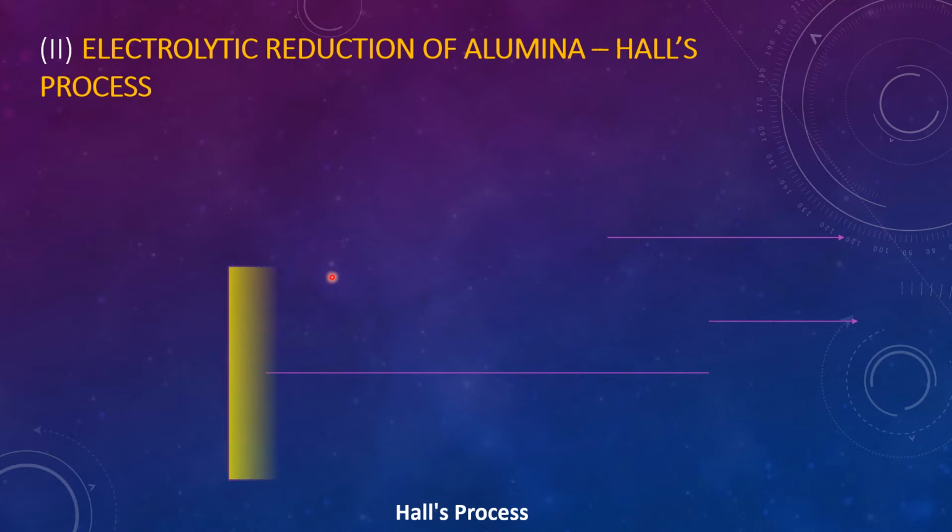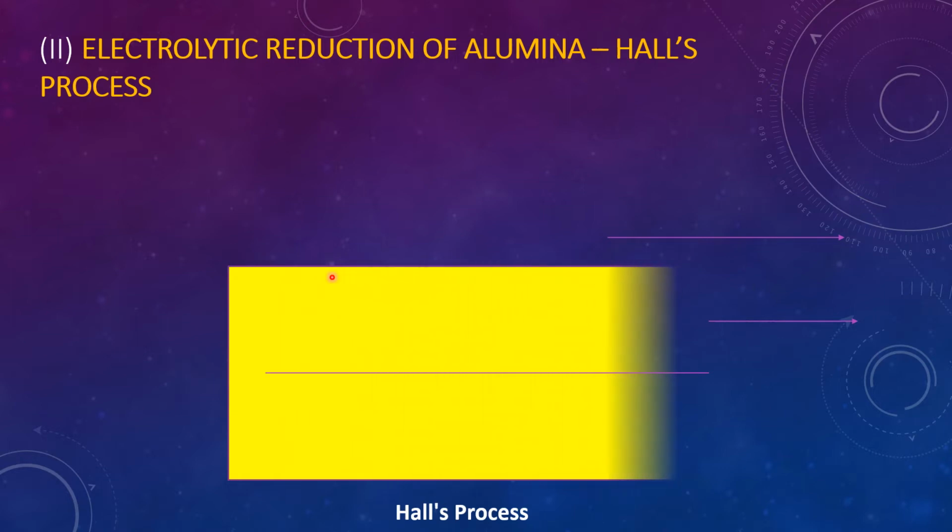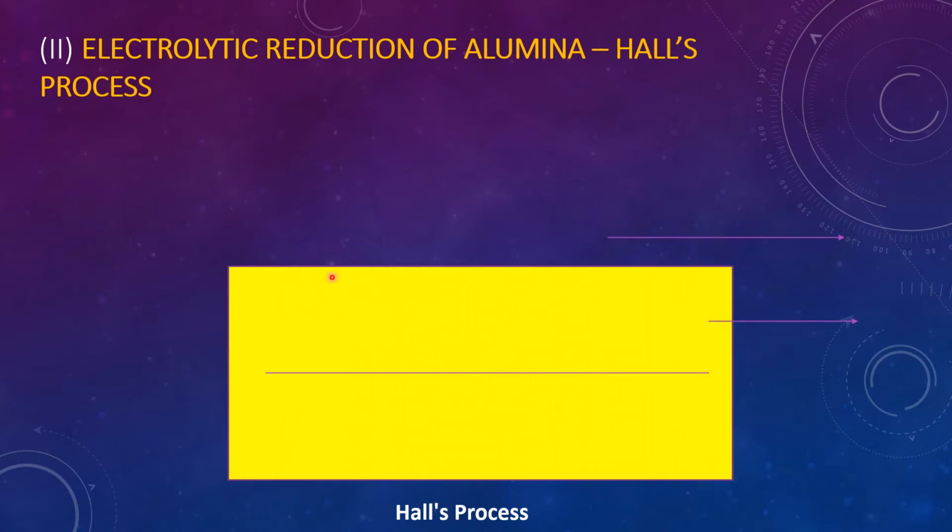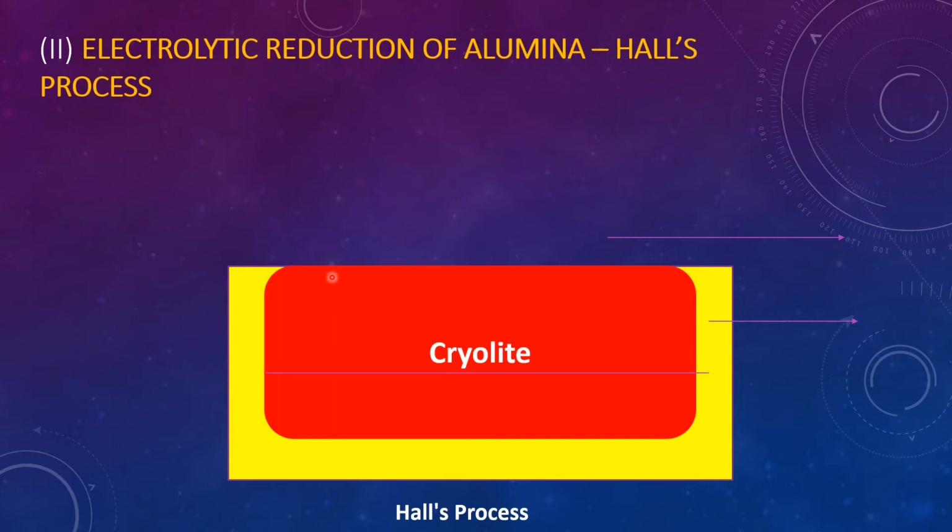In Hall's process there is one chamber. In the chamber, we place cryolite, which is one of the ores of aluminium.